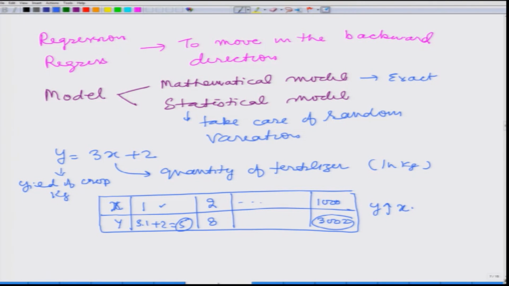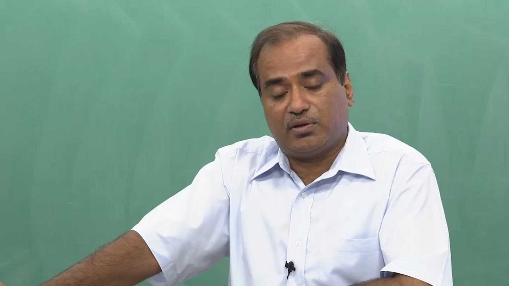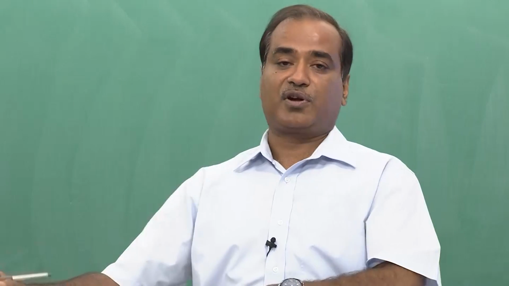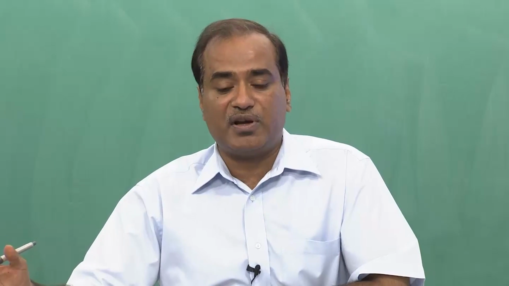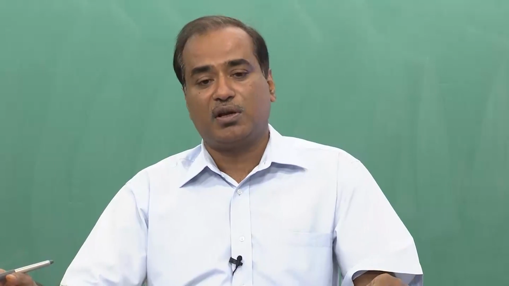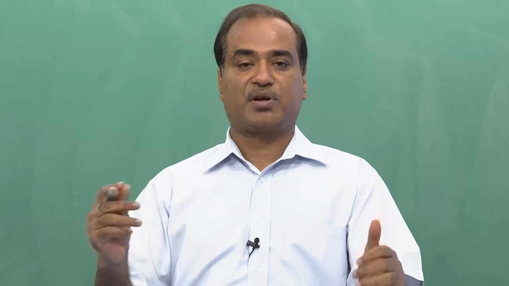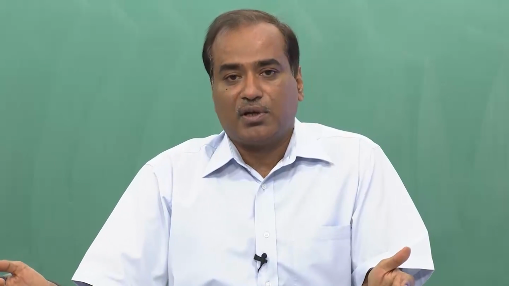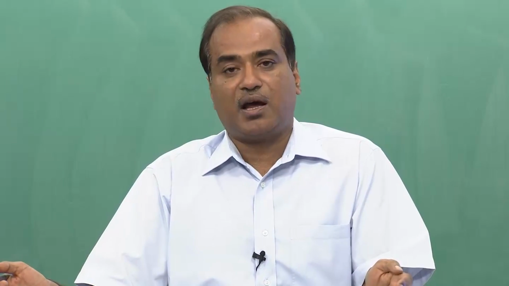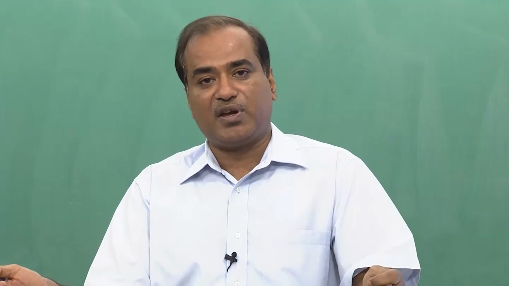Now, let us see the statistical interpretation. We know from our common experience that whenever we take a particular size of plot and put 1 kg of fertilizer, there is no 100% guarantee that I will get exactly 5 kilograms of yield.